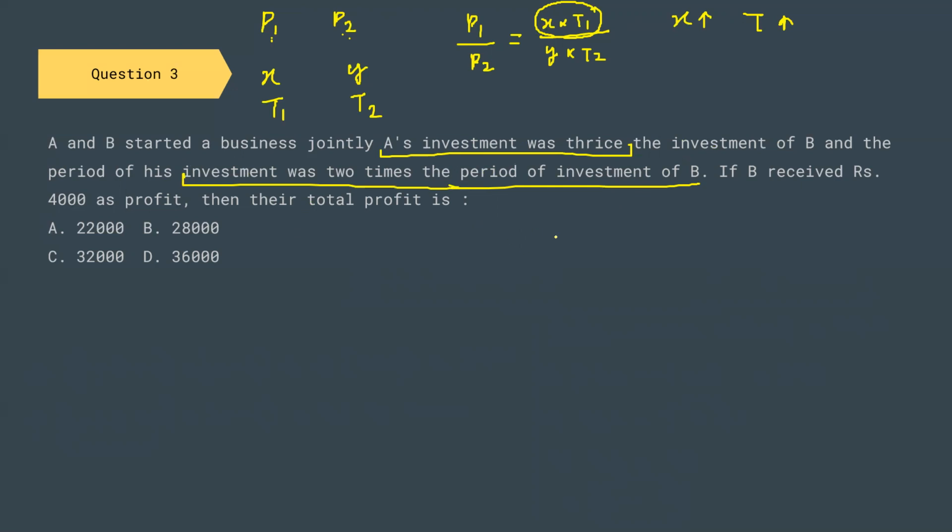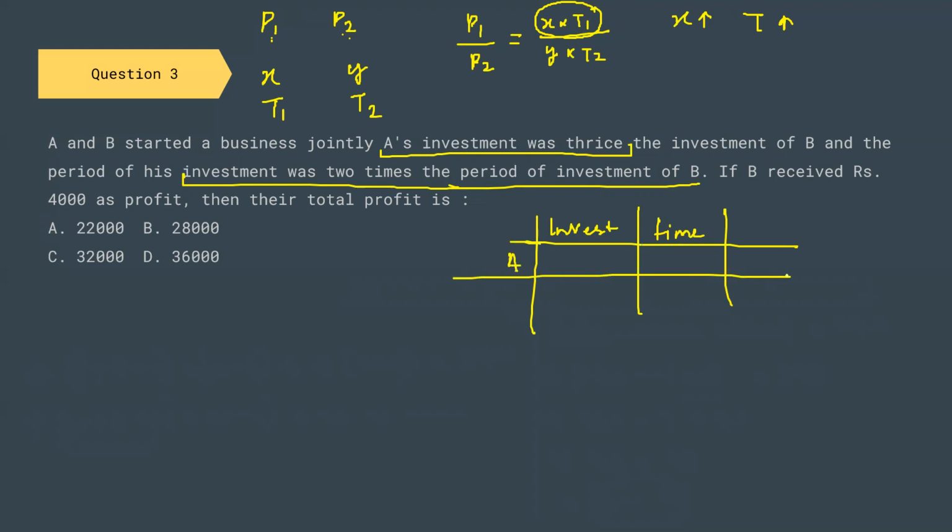So we can make a simple chart: investment, how much money one has invested, and how much time the money was invested for. So A and B.